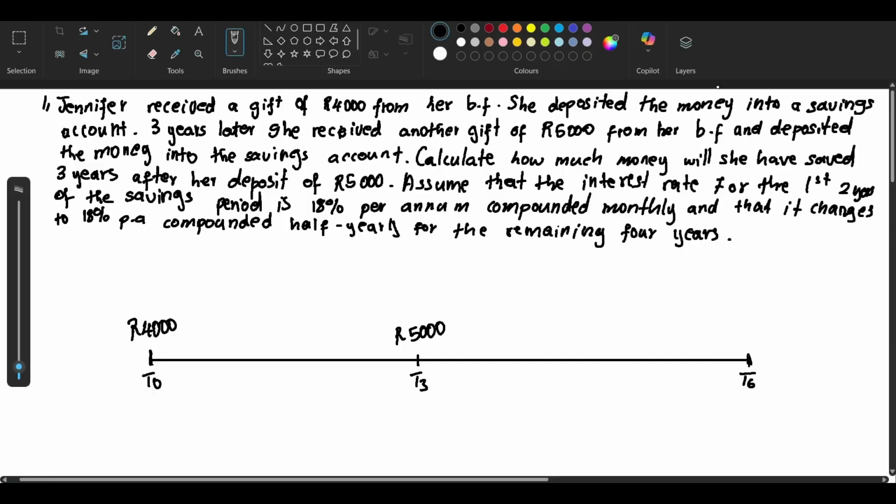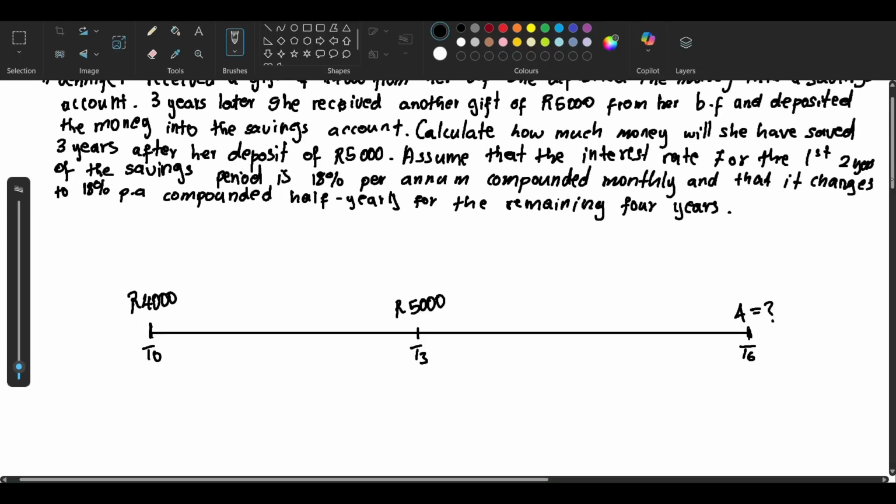I think it's going to be 6 years after, because they are saying her boyfriend teased her with 4,000 rands, and then after 3 years he came back again with another 5,000 rands, and then they are saying calculate after 3 years after she invested that 5,000 rands. Hopefully I am understandable. So they basically want our final amount here, right?